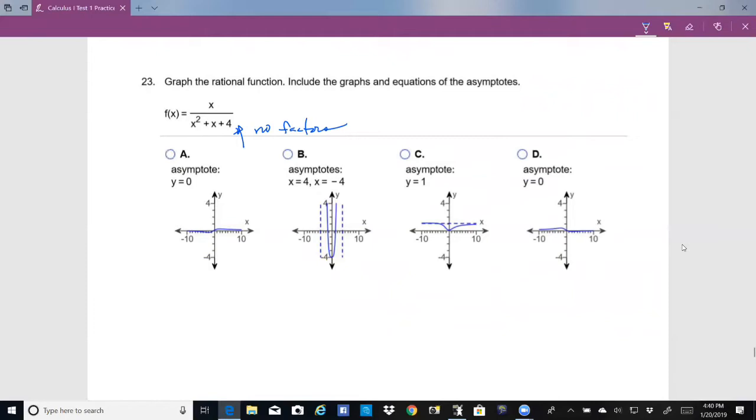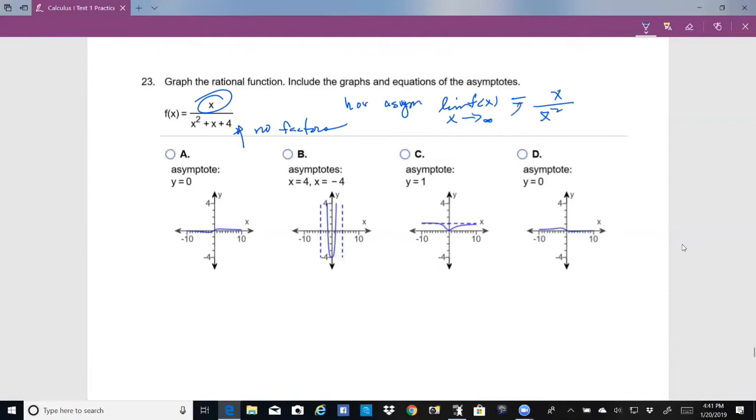To find the horizontal asymptote, we take the limit of f of x as x approaches infinity. The numerator is dominated by x, and the denominator is dominated by x squared.